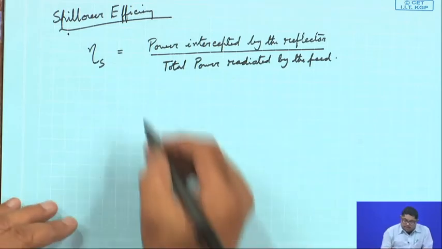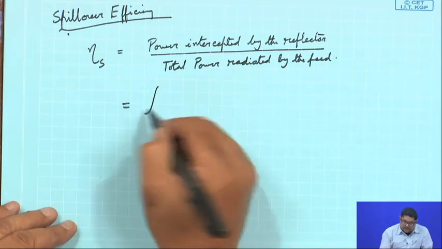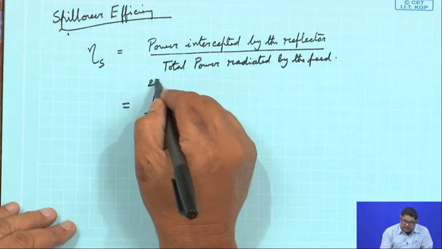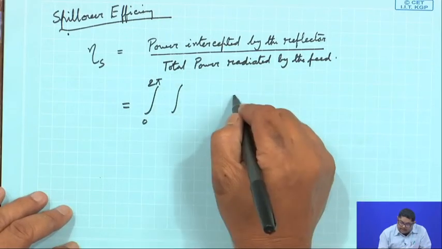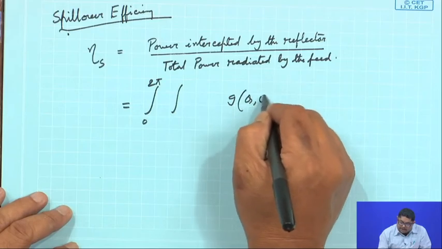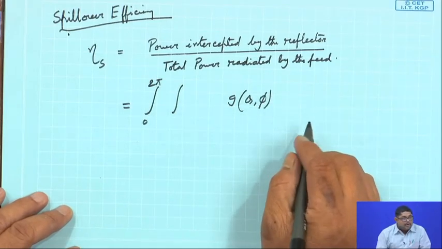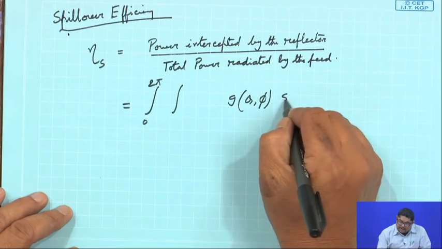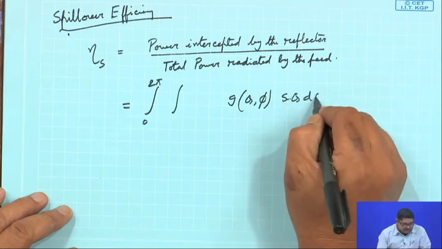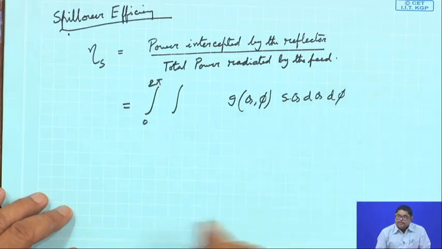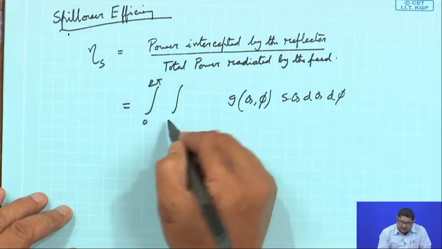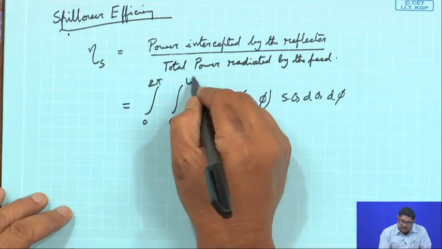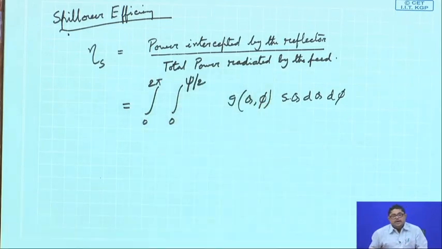Okay. So, what is it? Power intercepted means I have G theta phi, the power radiation pattern, sin theta d theta d phi, and so phi is 0 to 2 pi and theta is from 0 to psi by 2, half of the angular aperture.